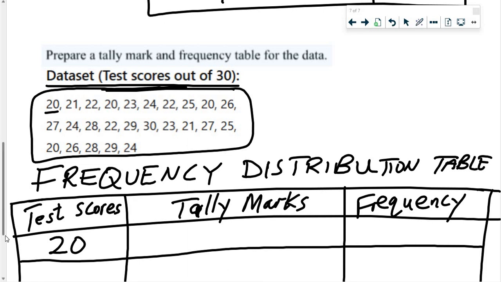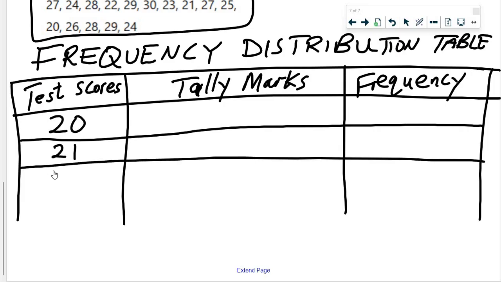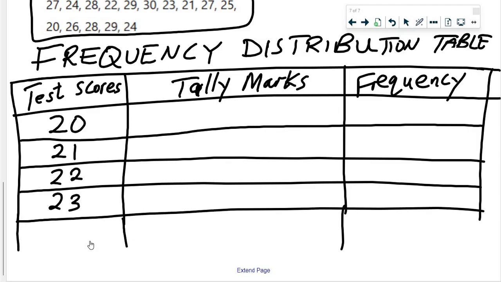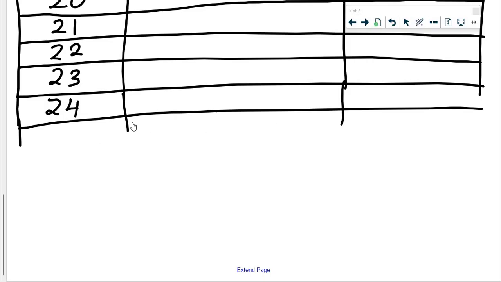So from 20, we keep going. 21, 22, 23, then you have 24, and then you have 25.